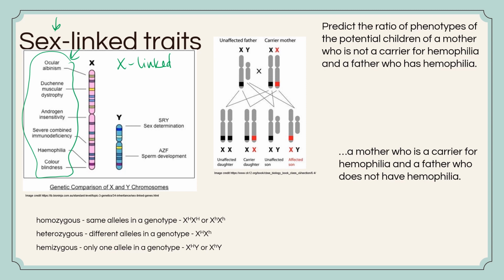Here is a nice little image showing how we can have a father, XY chromosomes, who is going to give X to daughters and Y to sons. Mom, if she's a carrier, that means that she's heterozygous. She has 1 normal and 1 disorder allele.